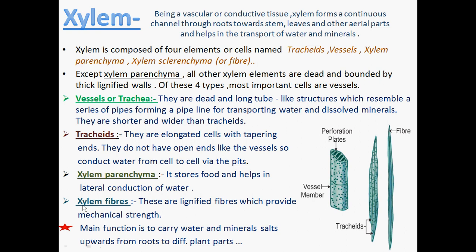And finally, the xylem fibers, which are the fourth type of cell present in the xylem. Xylem fibers are lignified fibers which provide mechanical strength. They are dead, and you can see in this figure, this is a xylem fiber, a lignified fiber which provides mechanical strength to the plant for conduction of water and minerals, which is the main function of the xylem tissue.